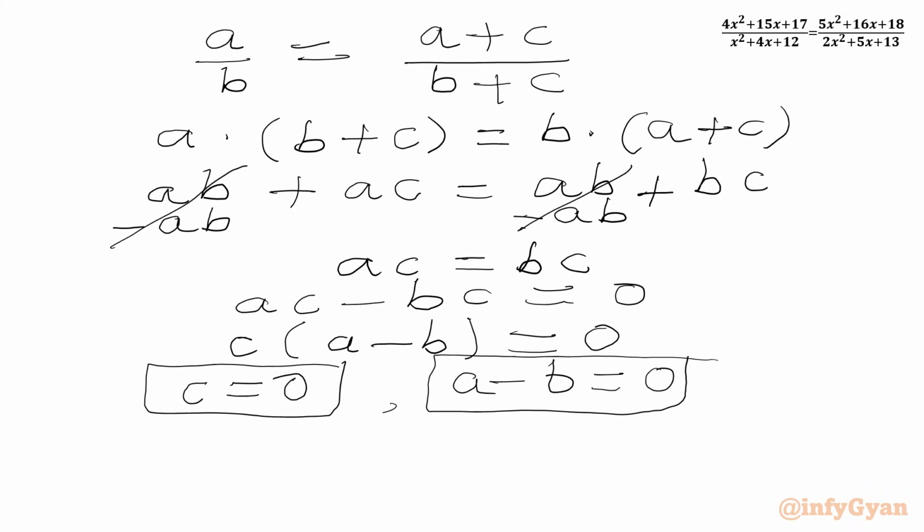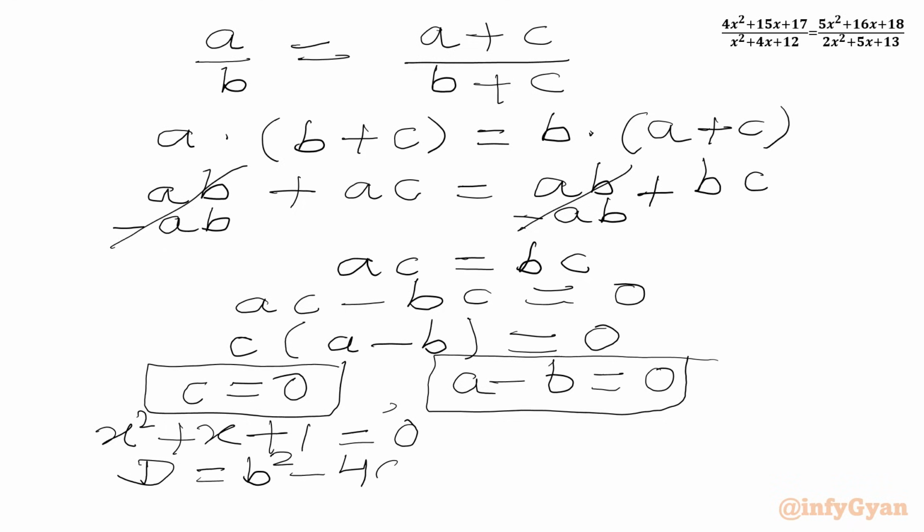So if I plug in the value of C, which is x² + x + 1 = 0, we will check our discriminant only. D = b² − 4ac, which will be equal to 1² − 4 times 1 times 1.